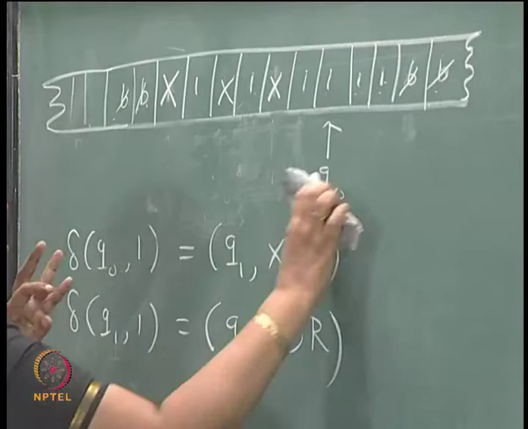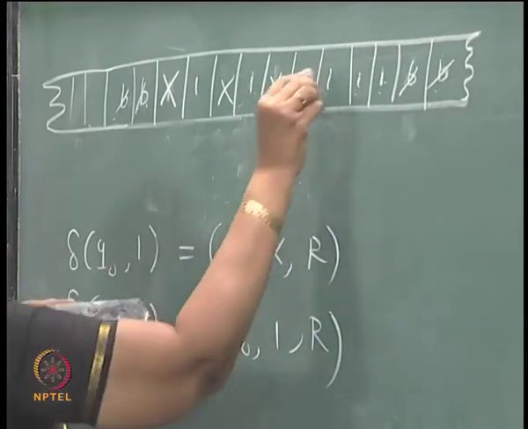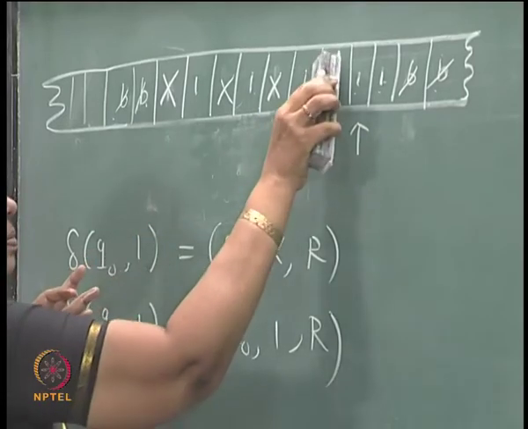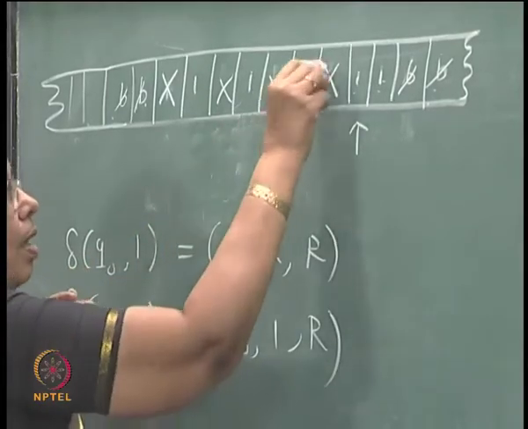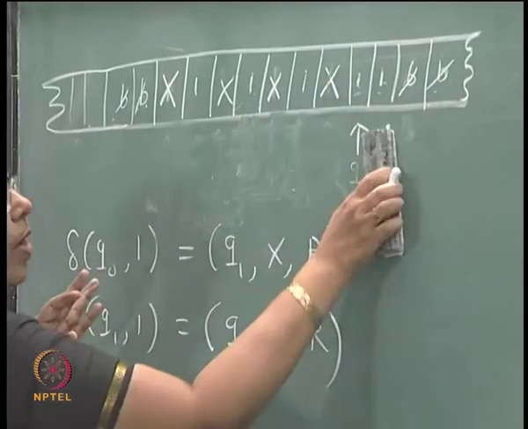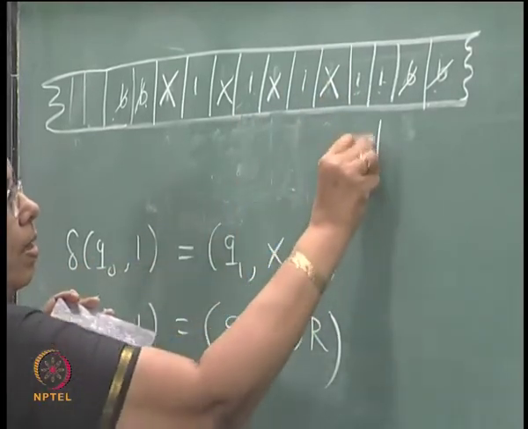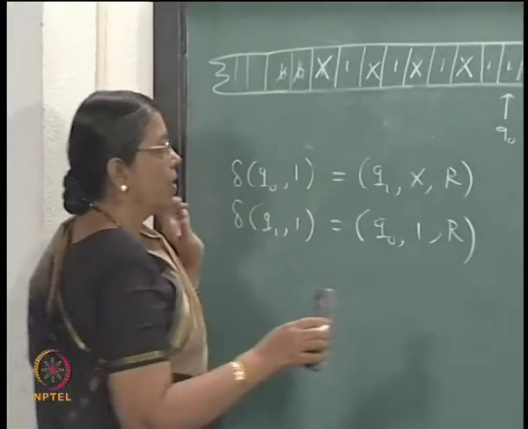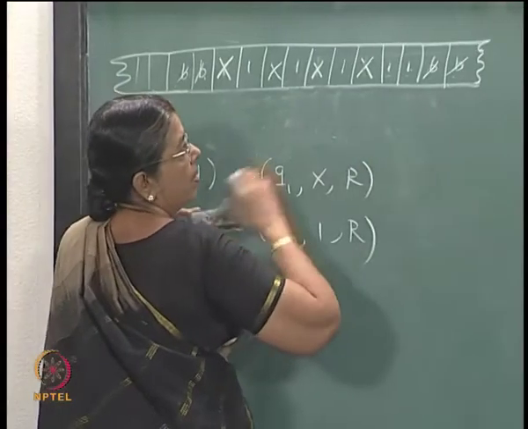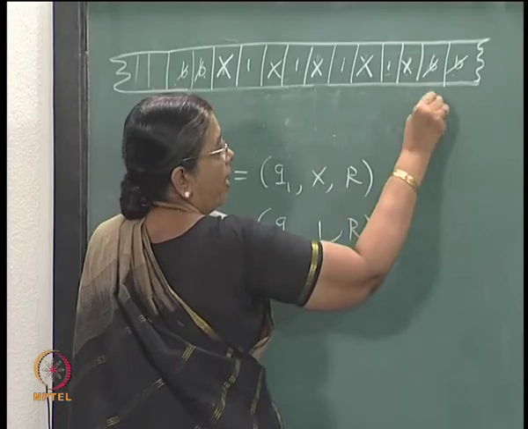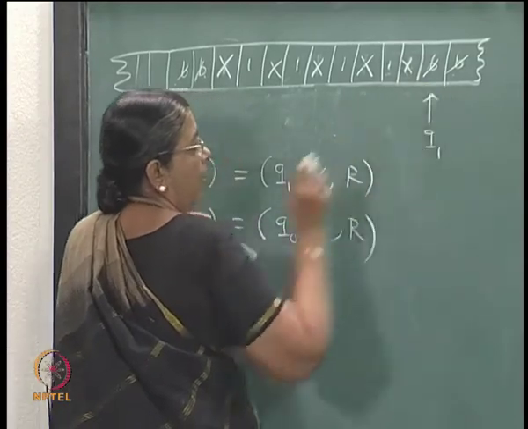Q naught 1 is change this into x and move here in Q1. Q1 1 is just move right in Q naught. Q naught 1 is Q1 x R. So, this will be changed into x and you are here in state Q1.